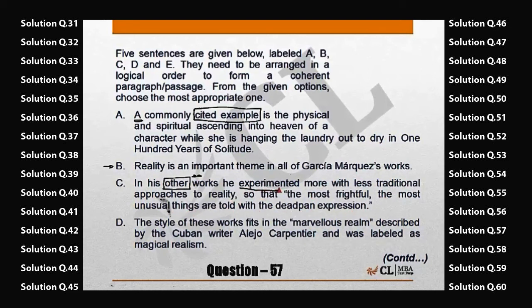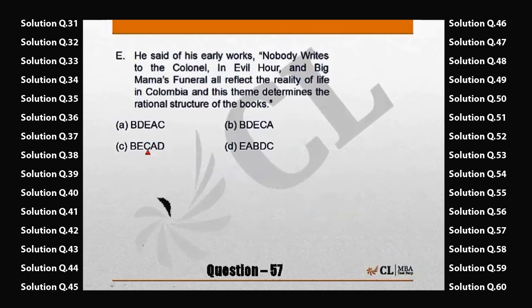Now, experimented with less traditional approaches to reality, so unusual things are told, and then you see this example where something ascends into heaven. So very clearly, CA is a definite pair. We can see CA in option C, we can see CA in option B. A and D can get eliminated.